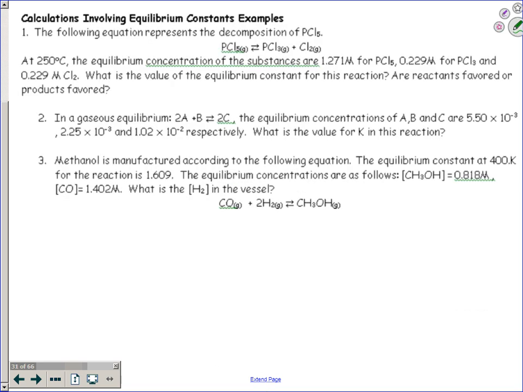Go ahead and do one first. Do 1 and 3. That's it.